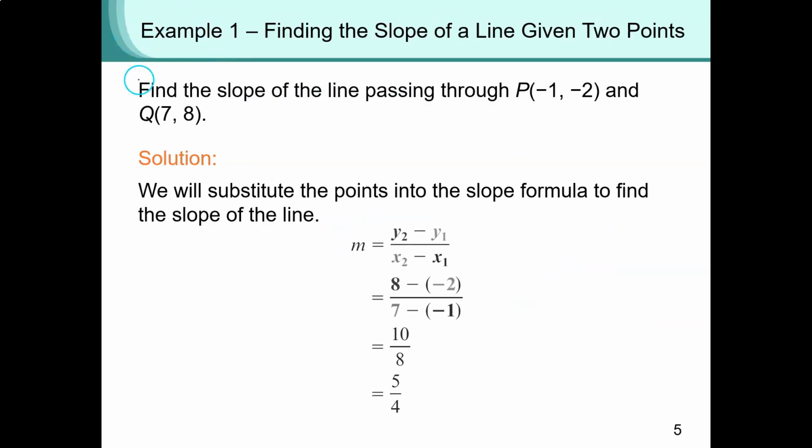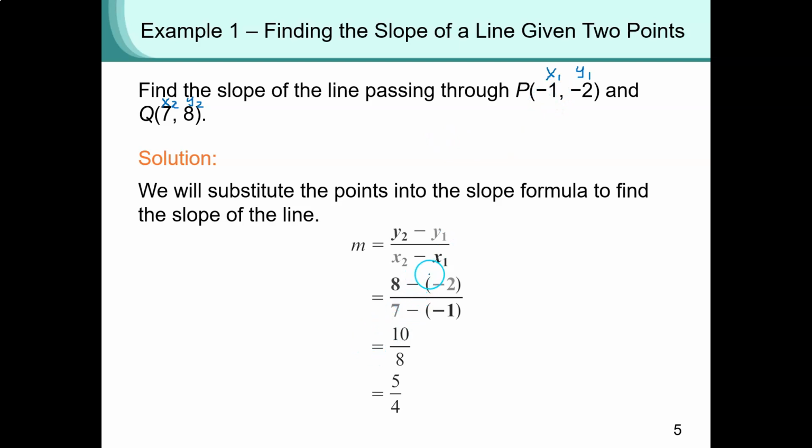So we do this example. Find the slope of the line passing through P and Q. I'm going to label this as x1, y1, and here is x2, y2. Finding the slope, we plug y2 minus y1, which is negative 2, over x2, which is 7, minus x1, which is negative 1.